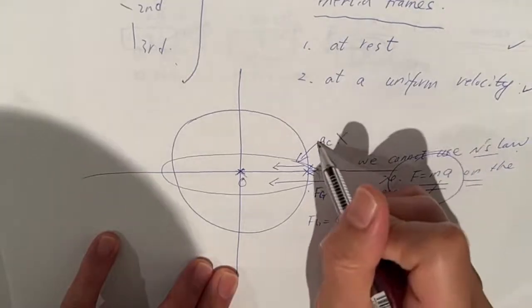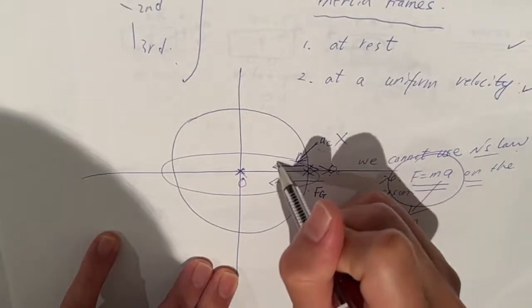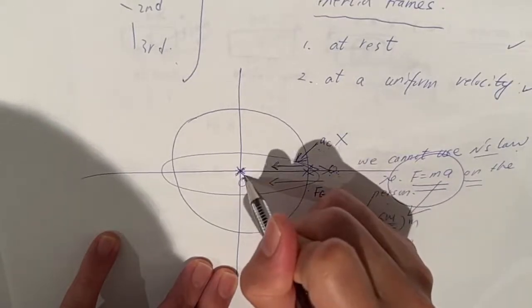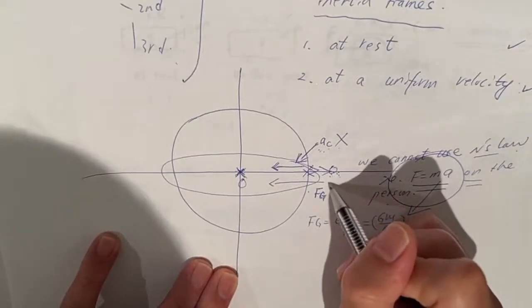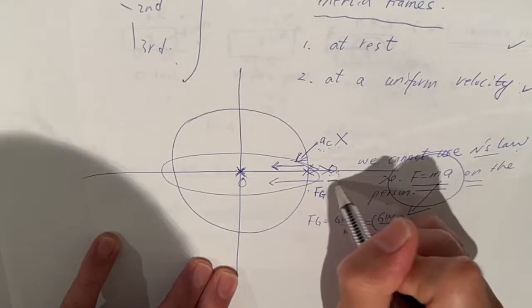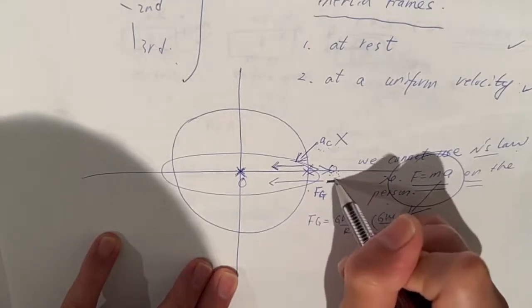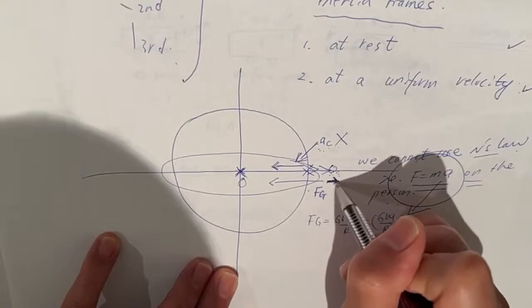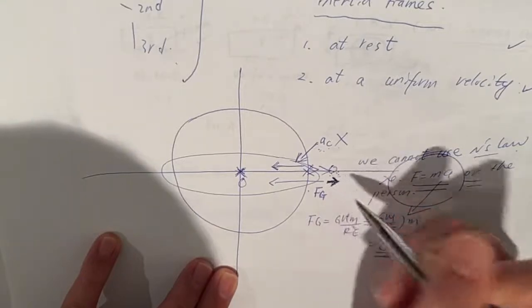So since the centripetal acceleration a_c is towards the center of the Earth, we need to add another force acting on this person. I draw the arrow here, a big arrow. This very thick arrow, right? Now, this force arises due to the change of the reference frame, right?